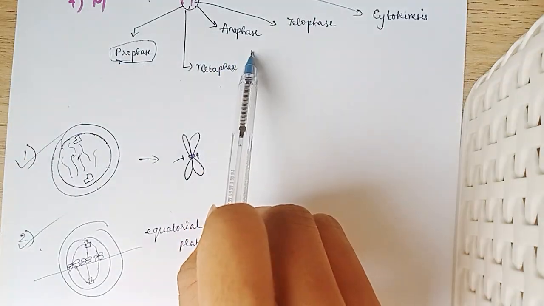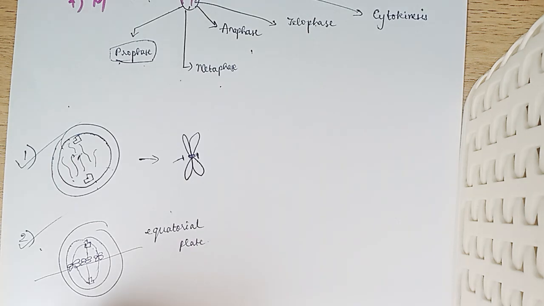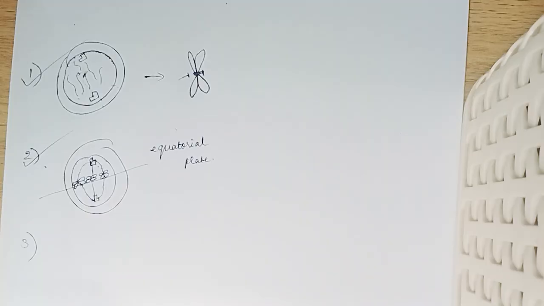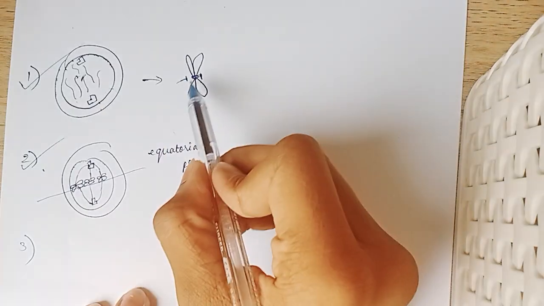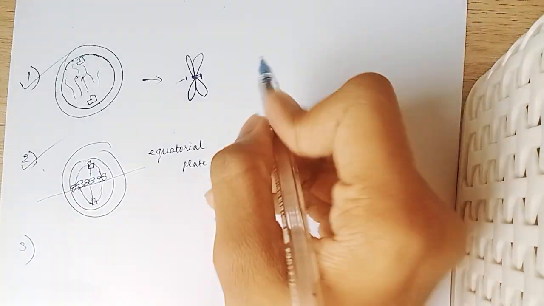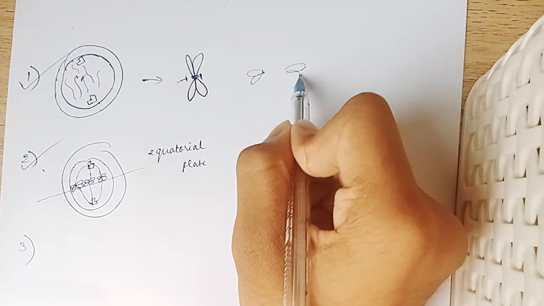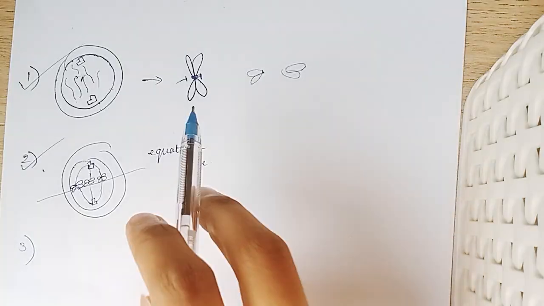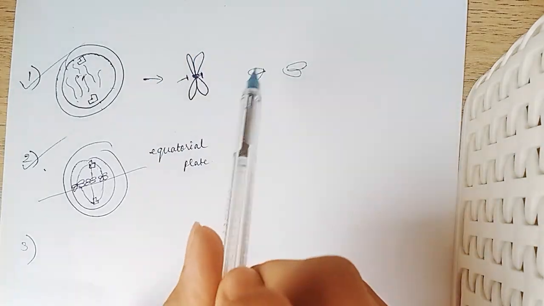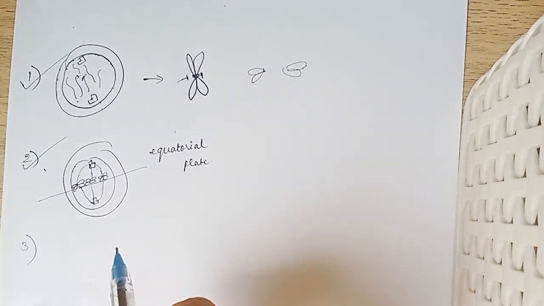Next is anaphase. What happens during anaphase? During anaphase, the centromeres, that is the middle part, split. So if this chromosome splits into two, we'll get two different chromatids. We call these chromatids.